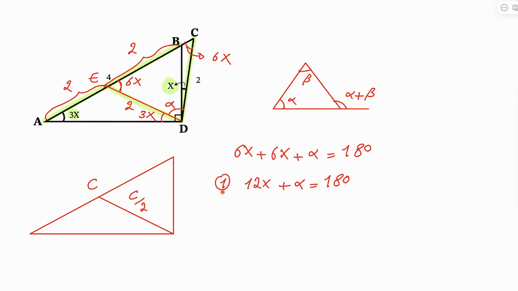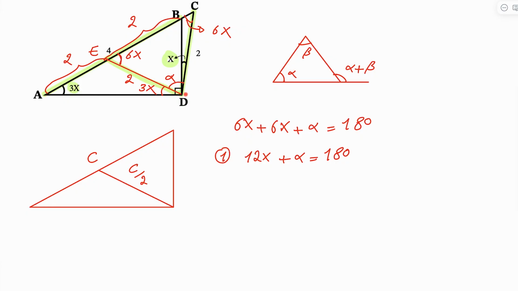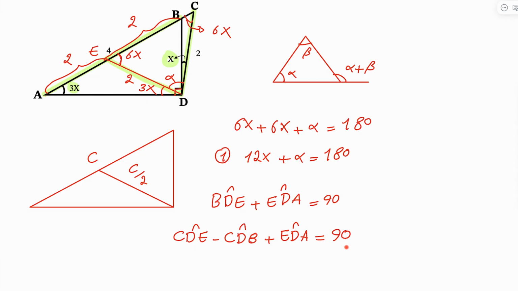Another thing we can do is for this angle, which is a right angle, so we can write BDE plus EDA should be equal to 90 degrees because this angle is a right angle. So for BDE we can write CDE minus CDB, plus EDA is equal to 90 degrees.